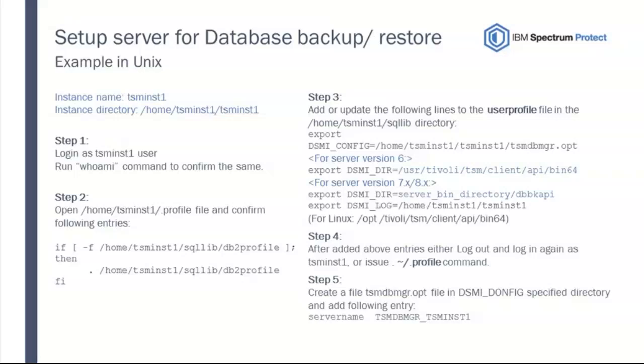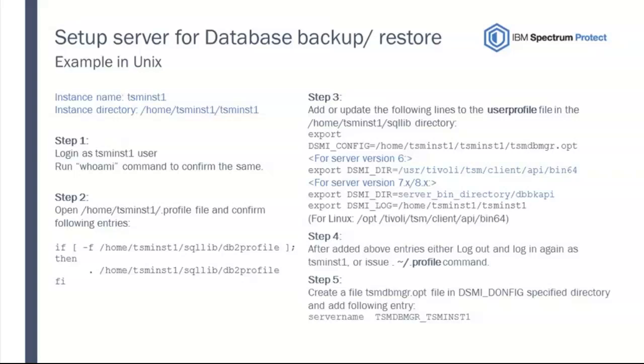The DSMI_DIR parameter must point to the DB2 backup API directory. For version 6, it must point to your API bin directory, not the DB backup API directory. Last but not the least, DSMI_LOG must point to the directory where you want to generate your log file.